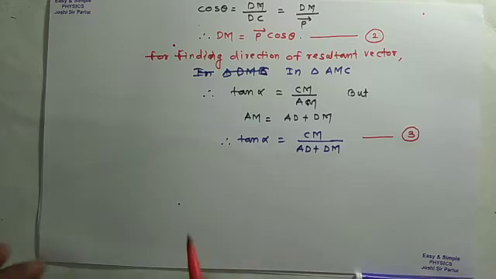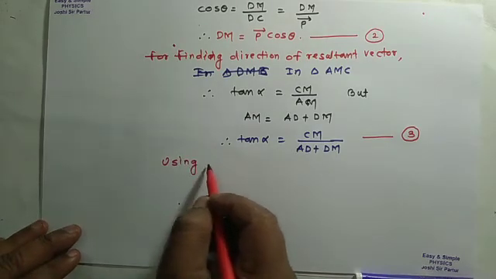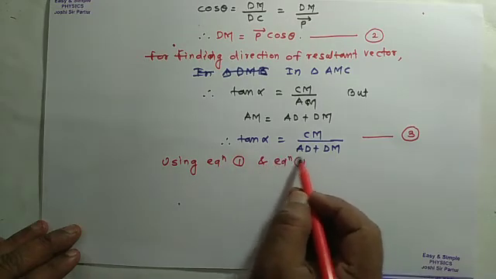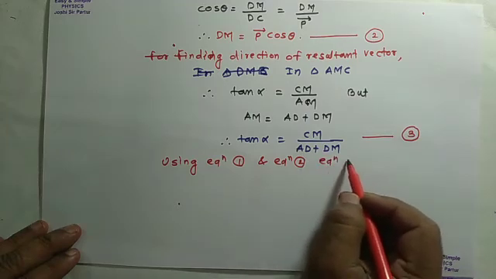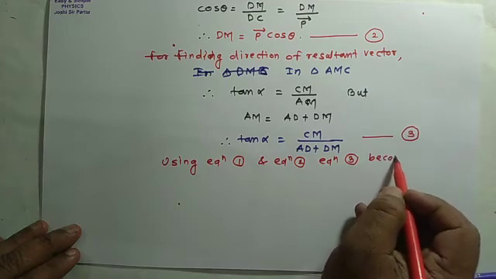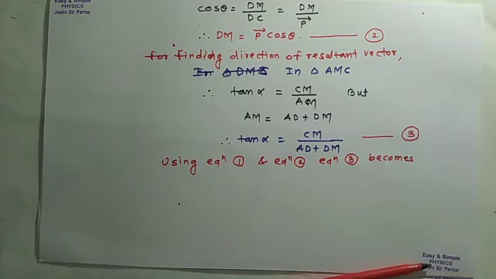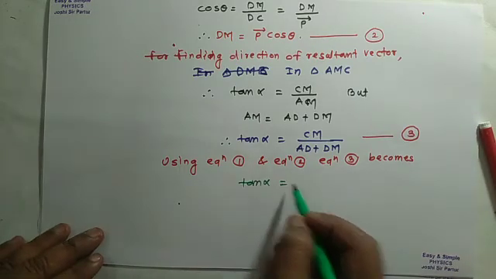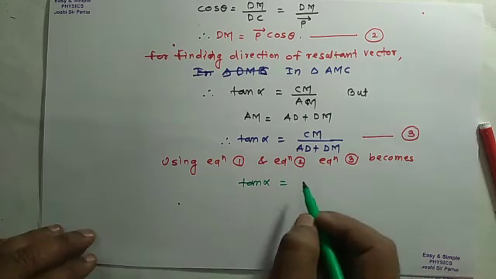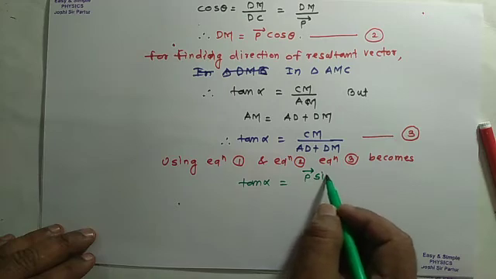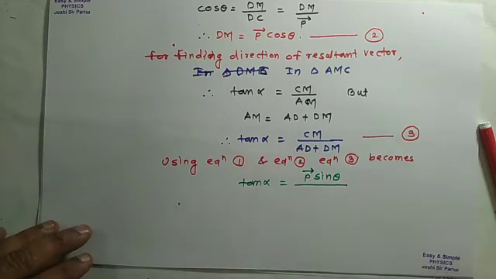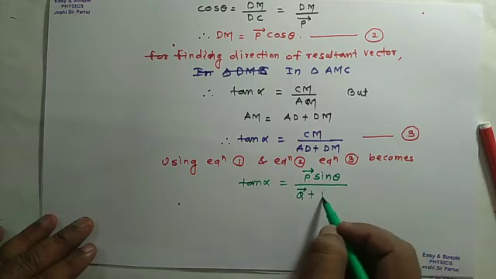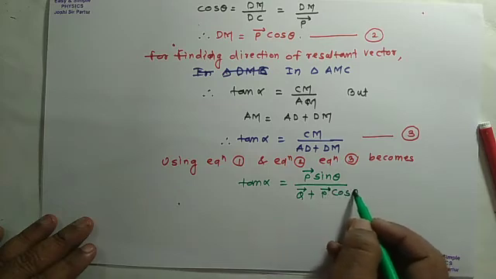If we use equation 1 and equation 2, equation 3 becomes: tan alpha is equal to, from equation 1, CM is vector P sine of theta divided by AD is vector Q plus, from equation 2, vector P cos of theta.